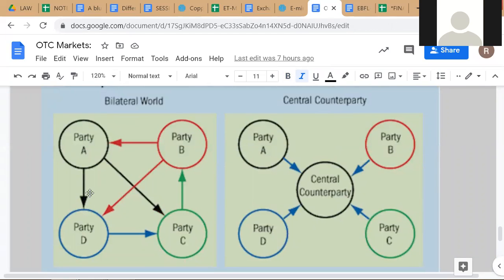The OTC markets are like this. So they're all trading with each other and they're taking the credit risk of each of the other parties, okay? So everybody's taking the other guy's credit risk. And if one of the guys goes bust, the other guy is left holding the baby. So there is nothing they can do about it. They can sue them and then it will take a long time to recover the proceeds through the court process.